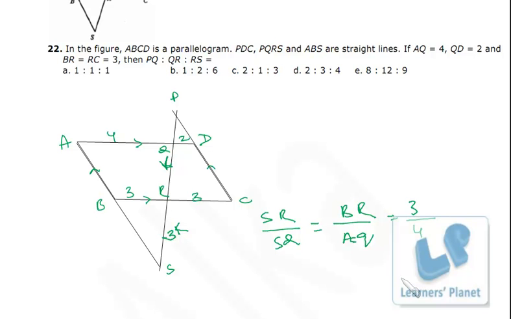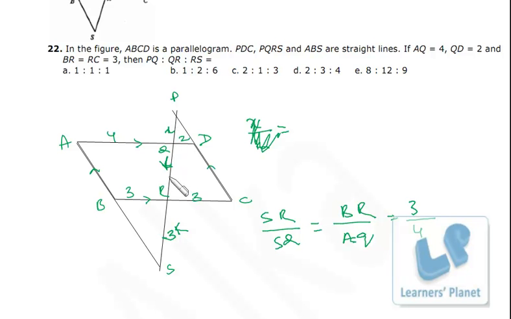Now if we see triangle PRC, triangle PQD is similar to triangle PRC for the same reason. This angle is common, QD is parallel to RC, so we can apply Thales theorem. Suppose PQ is X, so X upon QR, QR is K, so X by K is equal to 2 by 3. I'm sorry, the triangles will be similar.